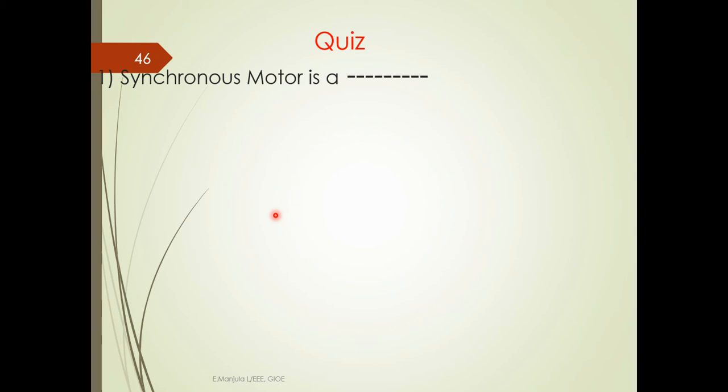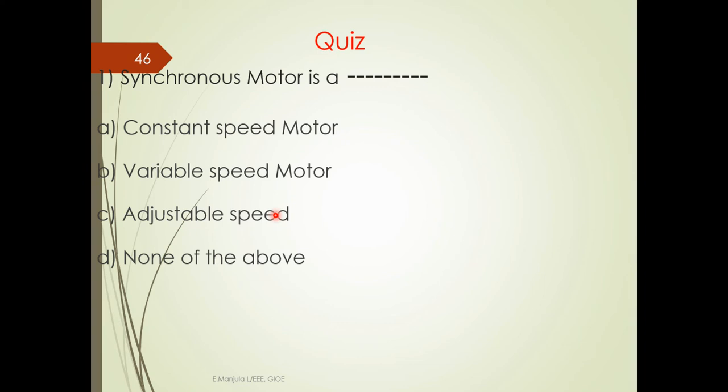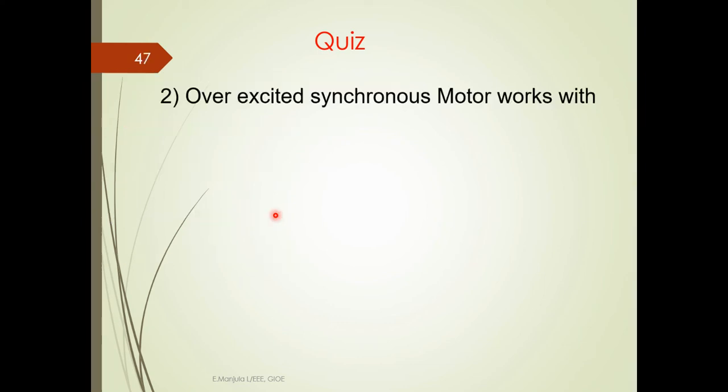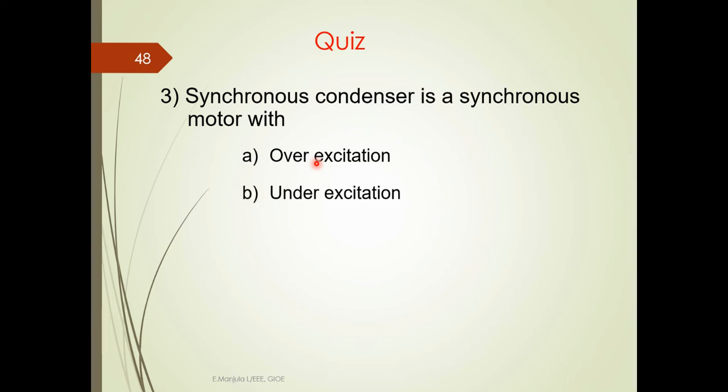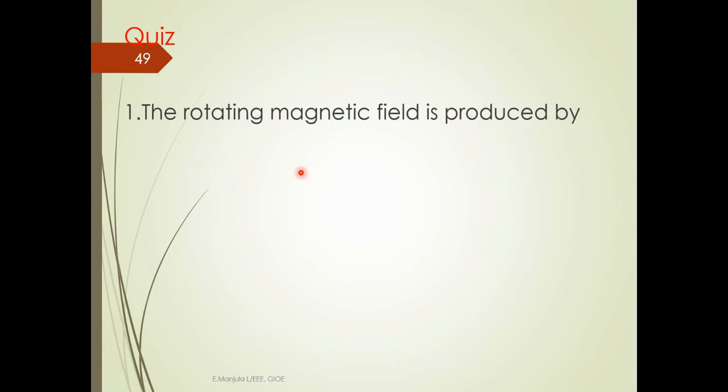So we will see some best points here. The synchronous motor is a constant speed motor. Yes, it is a constant speed motor. The overexcited synchronous motor works with a leading power factor, not a lagging power factor. A synchronous condenser is a synchronous motor with overexcitation, and it has a positive, that is leading, power factor.